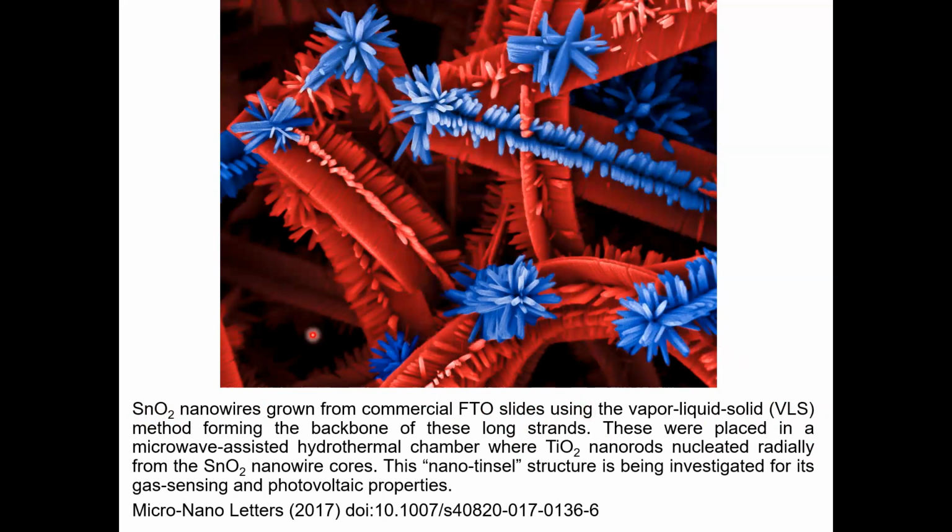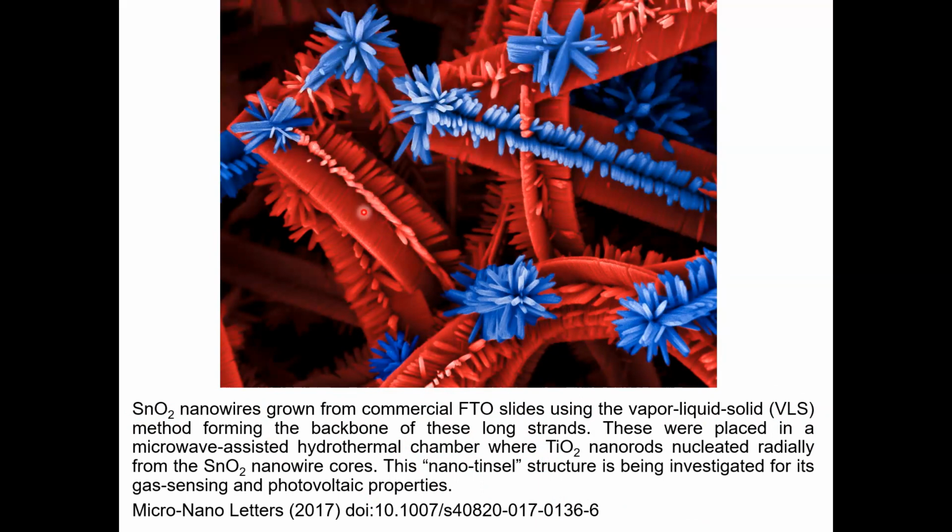And then this FTO substrate with the one-dimensional tin dioxide nanowires was immersed into a hydrothermal chamber containing titanium precursor solution. And during the hydrothermal process, it actually grew these TiO2 nanotinsels. So these TiO2 nanotinsels are growing on top of the one-dimensional tin dioxide nanowires that were grown by VLS.